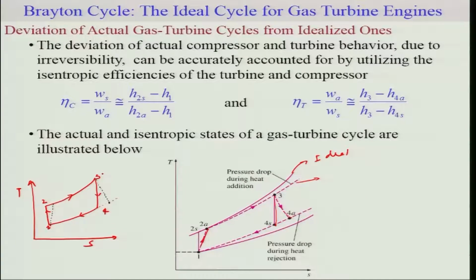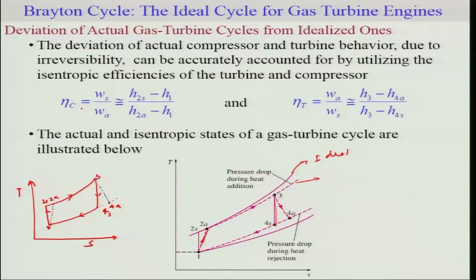So this constant pressure line will be here. This will be 2A, and this is 2S, and this is 4S, and this will be 4A. So we can represent the actual and isentropic processes on the TS diagram in the following way. One can calculate the isentropic efficiency of the compressor and the turbine by this formulation.